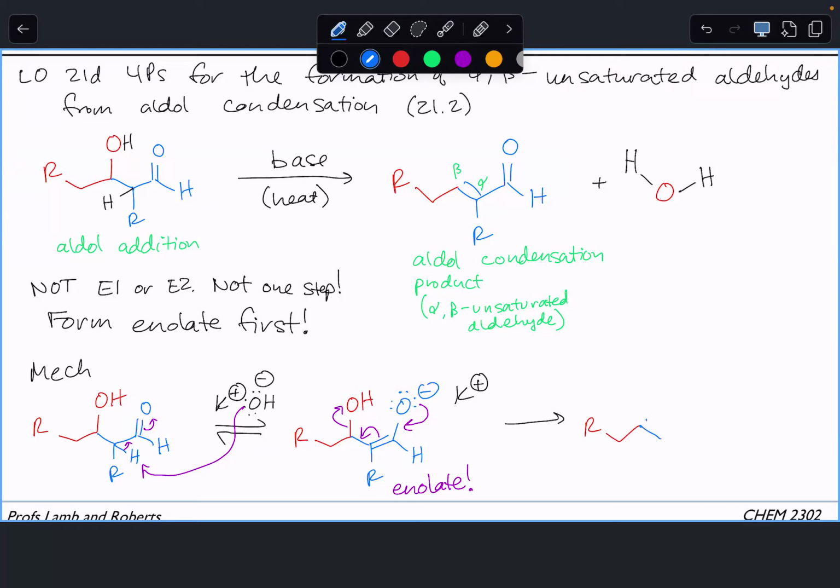So we end up getting this alpha beta unsaturated aldehyde. So this is our aldol condensation product. And we regenerated our base.